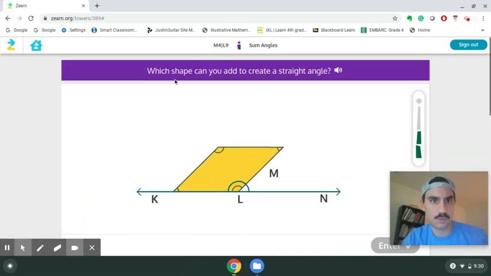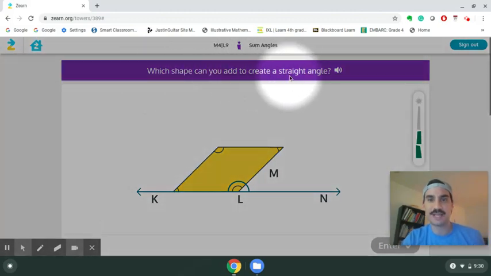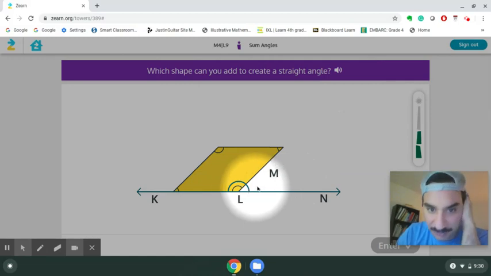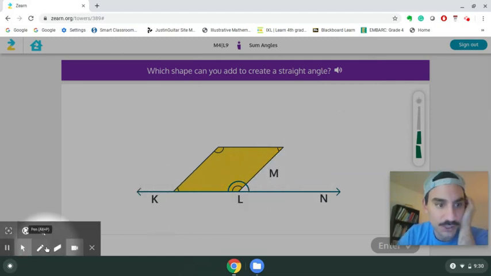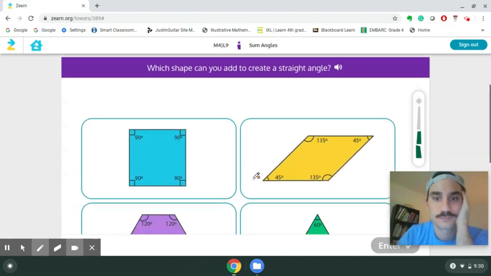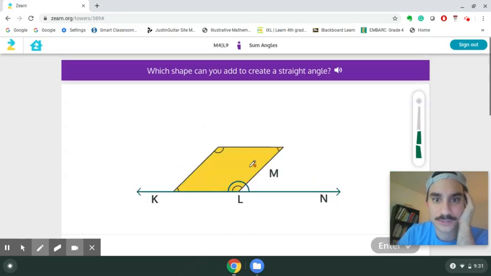All right, our question's at the very top: which shape can you add to create a straight edge? So we need to put a shape right here. What shape can I slot in right there to create one straight edge or one straight line? Well, let's see. This looks like it's a little bit too wide. Our 90 degrees won't fit into this little spot here, MLN.